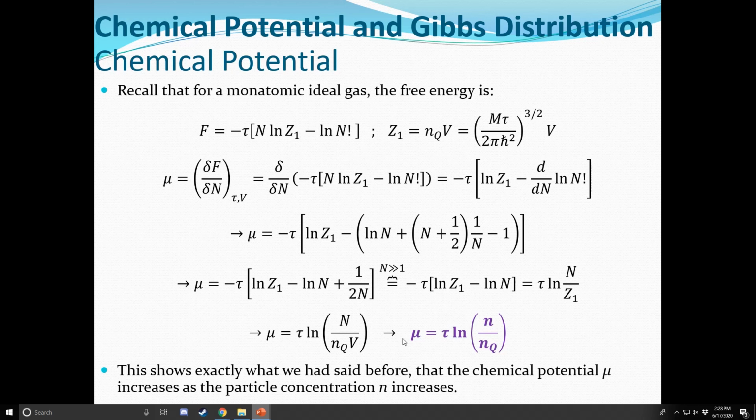And as we all know, particles will start to leave that high concentration room into a lower concentration room. So, just as we said before, the particles will move from a high chemical potential to a low chemical potential. And it will stop once the concentrations are equal, or once their chemical potentials are equal.